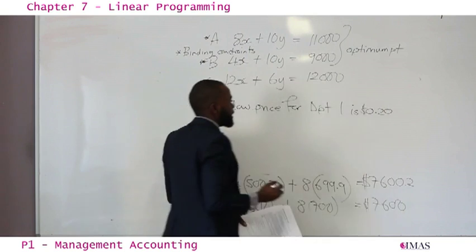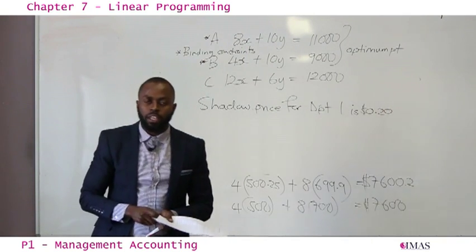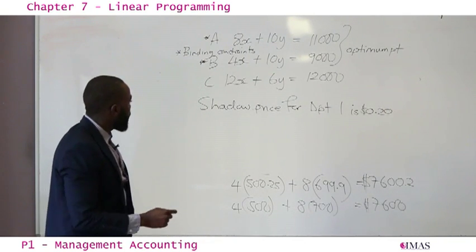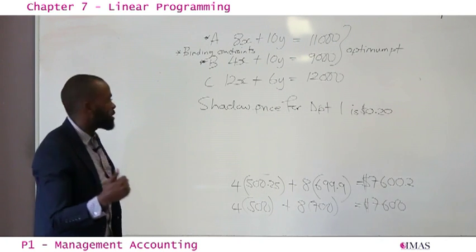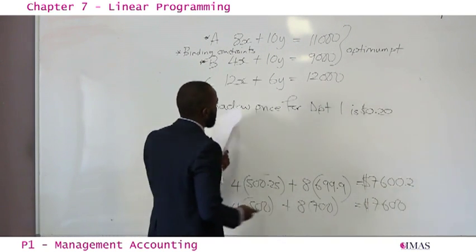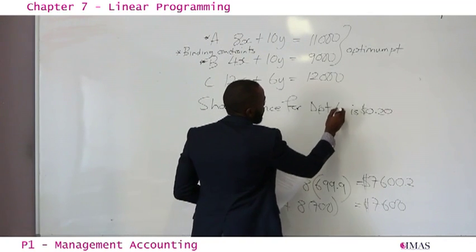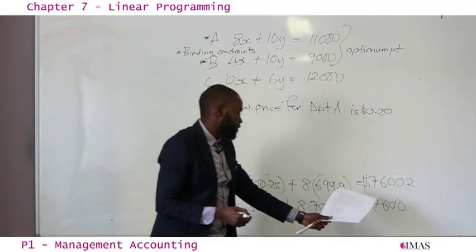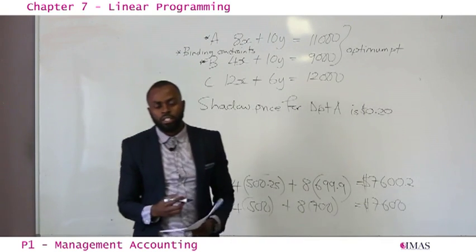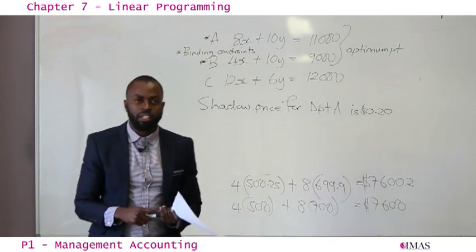How we can explain this is, the shadow price is the increase in contribution if we have one more unit of the scarce resource in Department A. If we had 11,001 hours, our contribution would increase to 7,600.20. That's our shadow price.